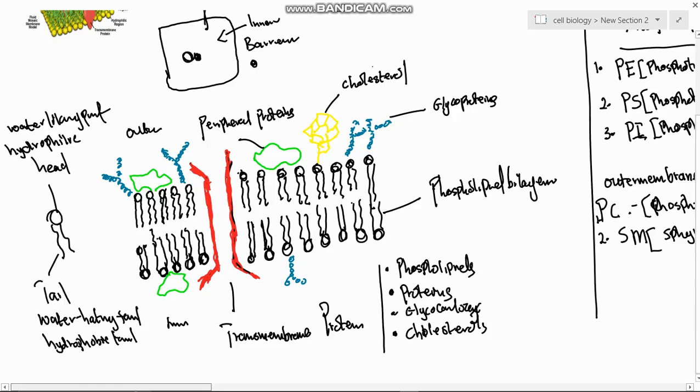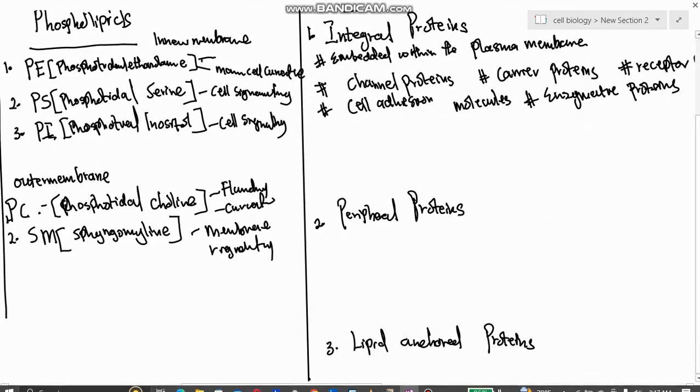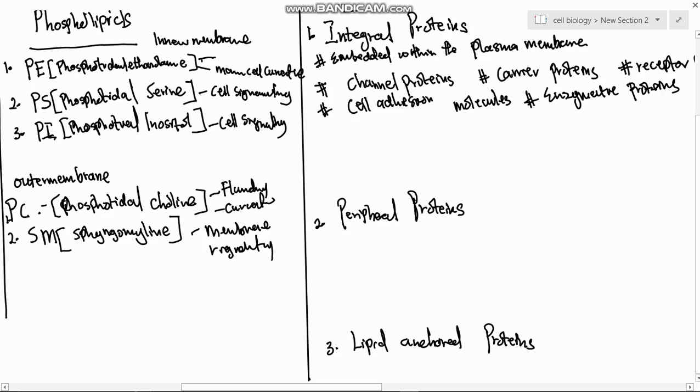All right. Then, when we talk about the peripheral proteins, they are often found on the surface of the plasma membrane. So what we have to notice is that peripheral proteins are attached to the surface.